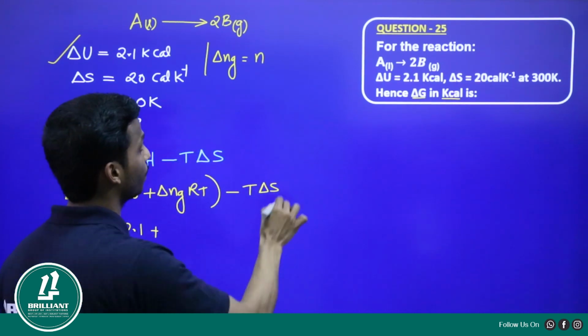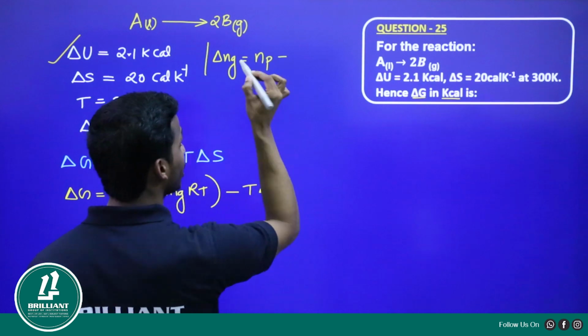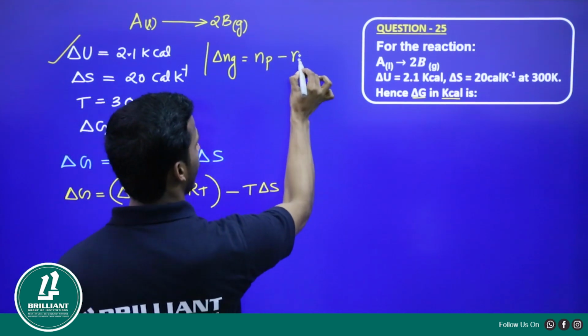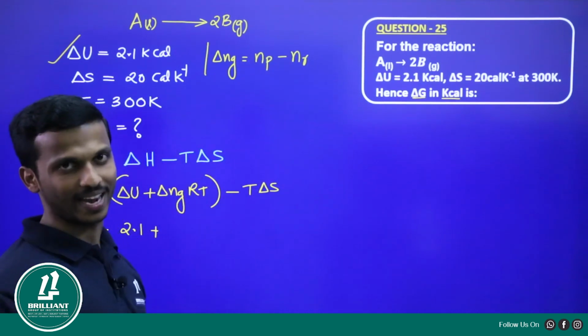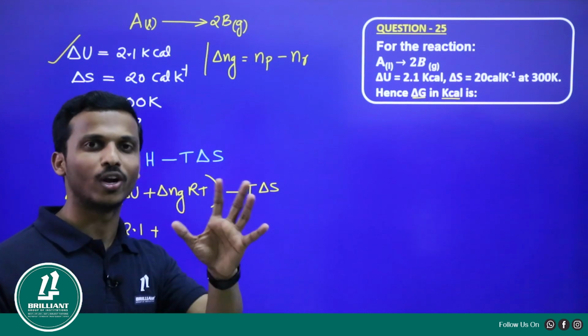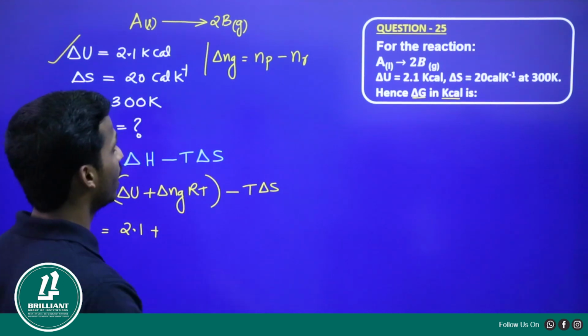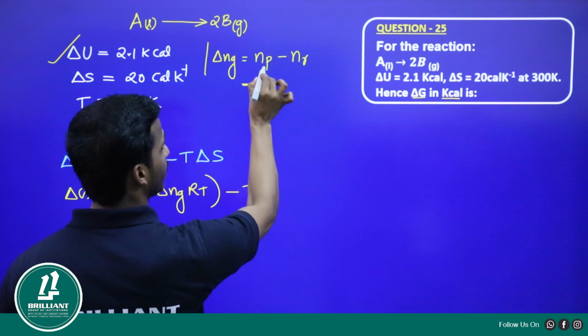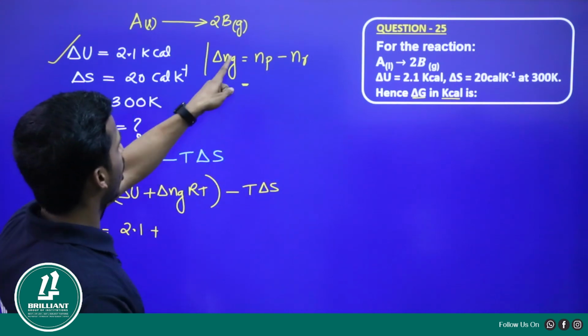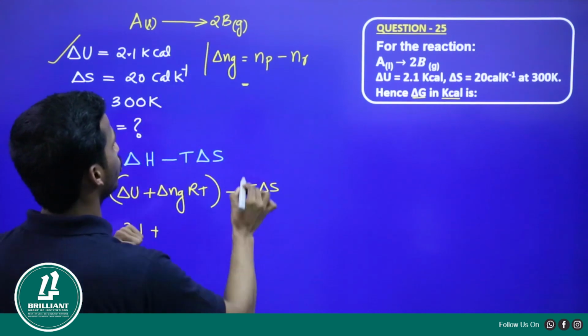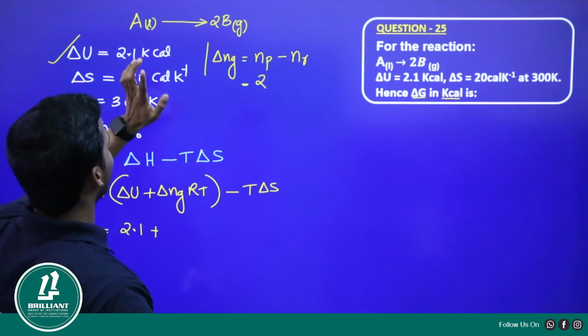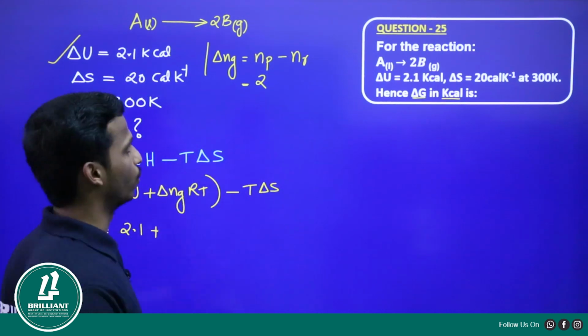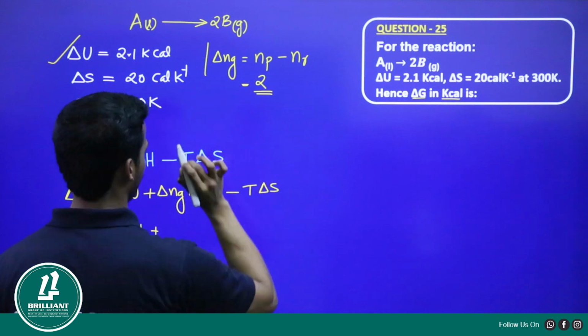It is the number of moles of gaseous product minus the number of moles of gaseous reactant. You don't need to bother about solid or liquid components, only gases. How many gaseous products do you have, student? 2. How many gaseous reactants? Nothing, right? It's liquid.